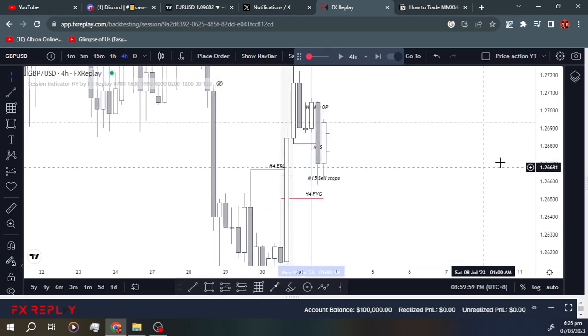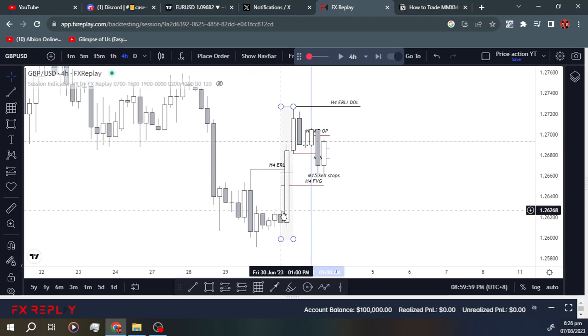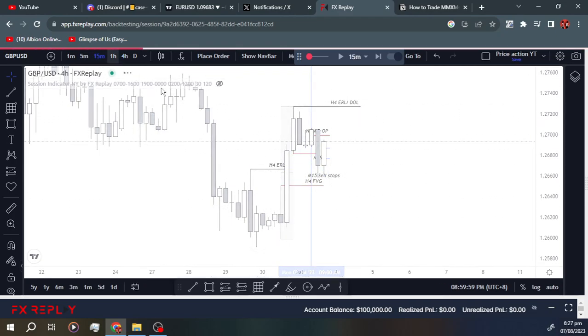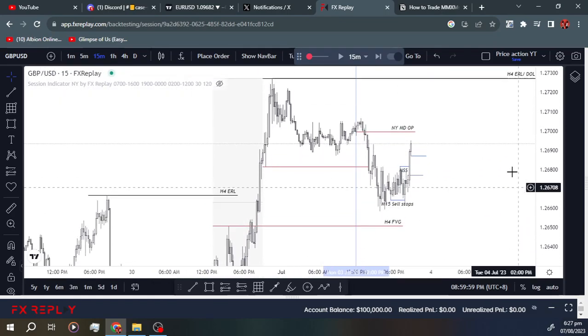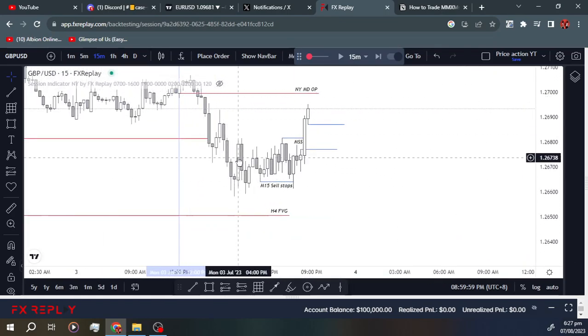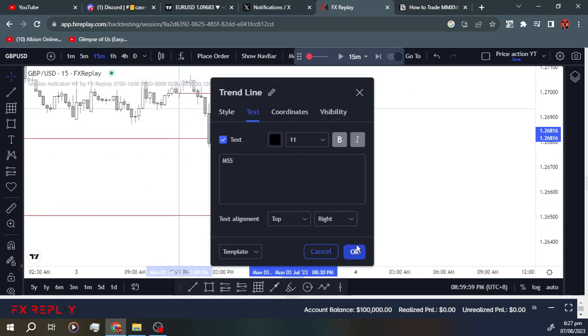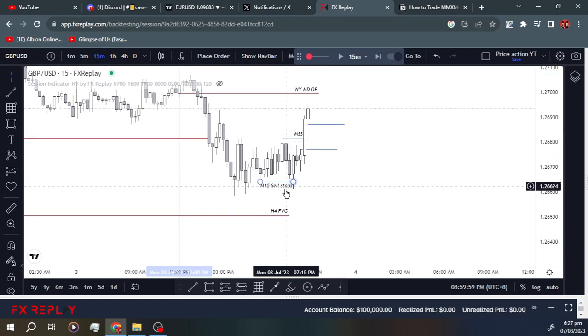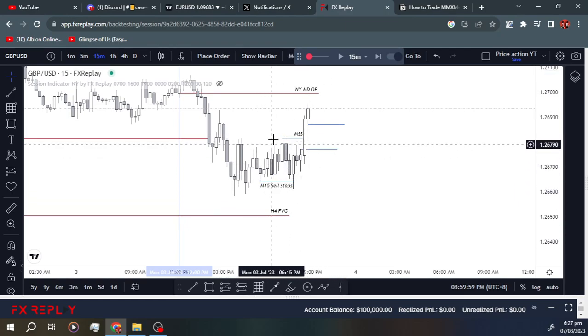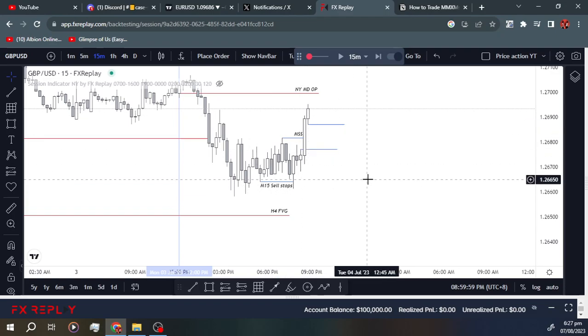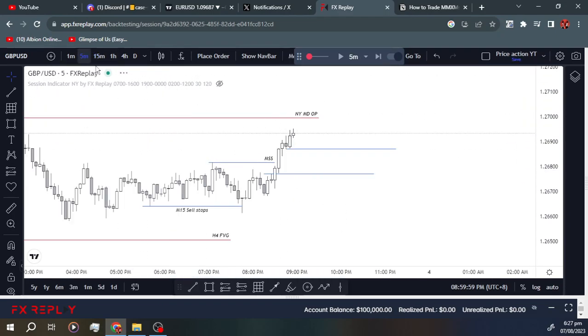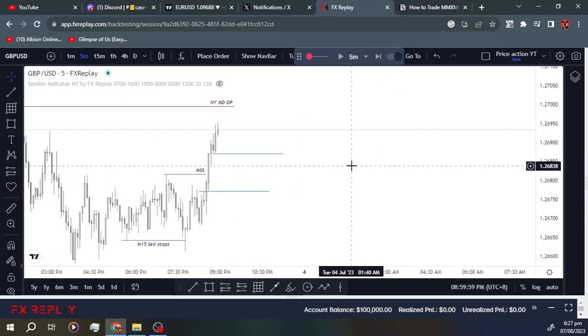So we're in the H4 fair value gap, external range taken out, price retraced, and in the M15, after the retrace, we have the market structure shift. There are also M15 sell stops that got liquidated, so this is like accumulation, manipulation, and expansion. Let's go into M5 and see if we can take any entry.